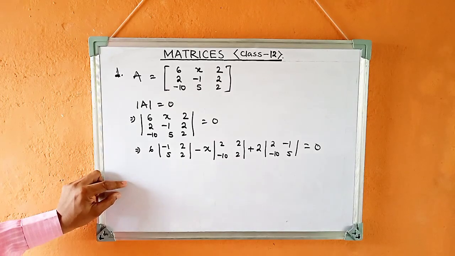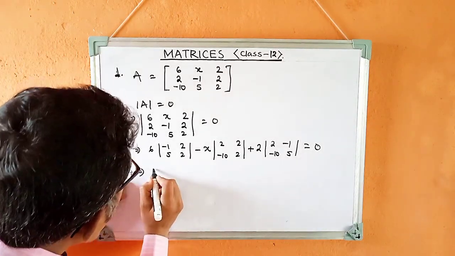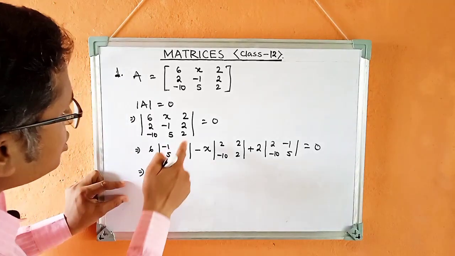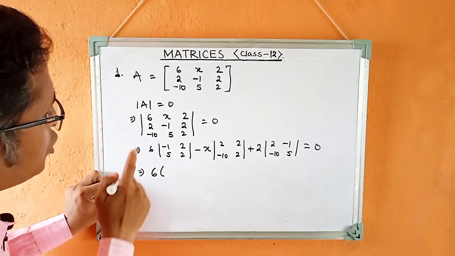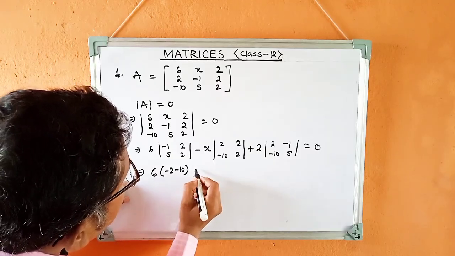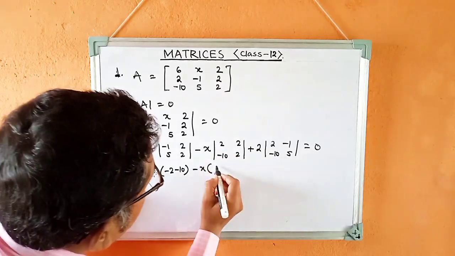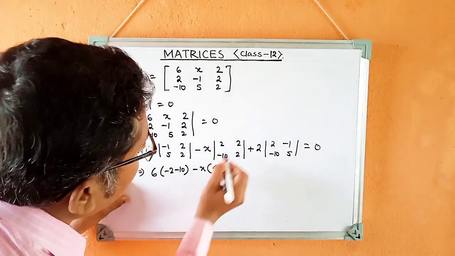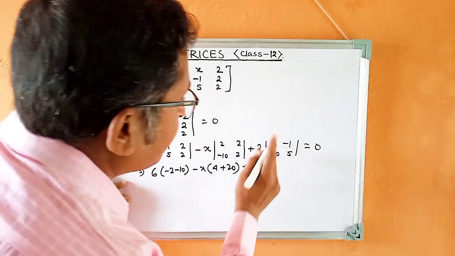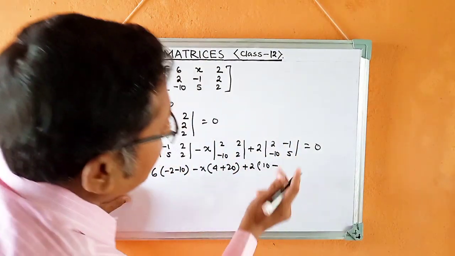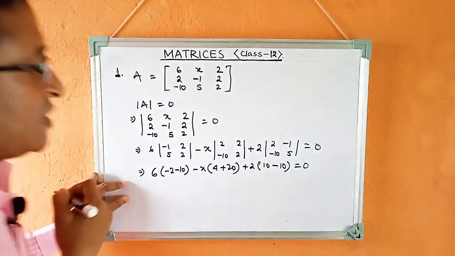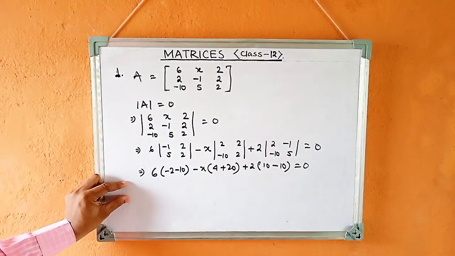Now see the calculation: 6 into, minus 2 minus 10, then minus x into 4 plus 20, then plus 2 into 10 minus 10, is equal to 0.